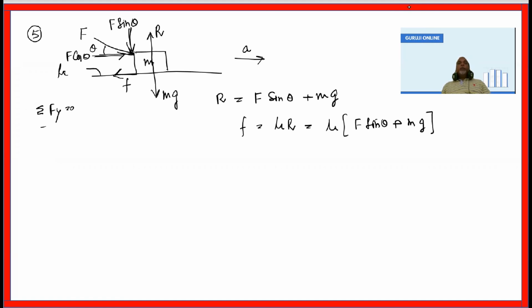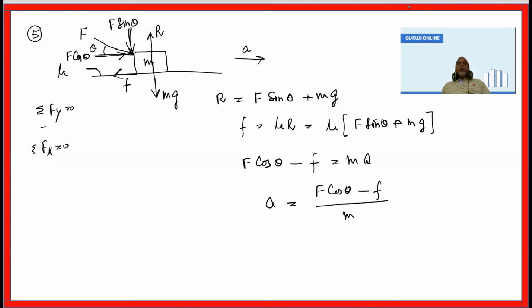Correct. What about horizontal? Horizontal forces are basically again F cos theta minus f will be nothing but ma, and from this F cos theta minus f upon m will be your acceleration.